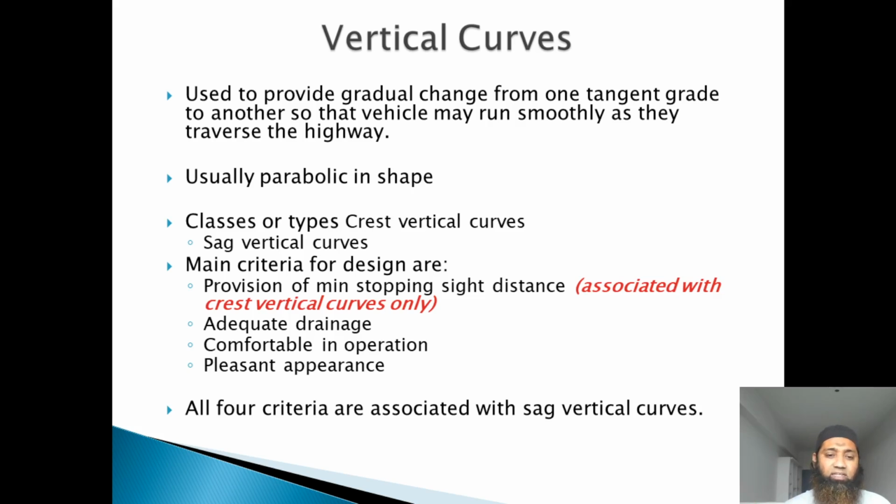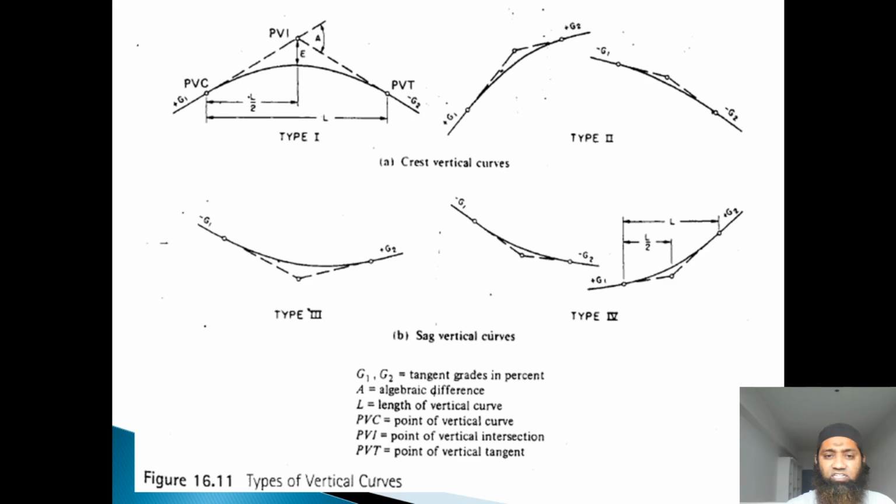Third, comfort in operation, so the vehicle can be operated very easily. And fourth, a pleasing appearance. Appearance also matters. All four criteria are associated with sag vertical curves, and all these four criteria should be satisfied.